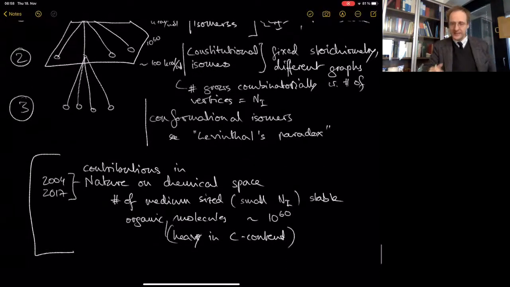Now 10 to the 60 is larger than we have atoms in our solar system. So that's a crazy number, right? But again, I'd like to stress it's not infinite. So again, there will be bounds on what we can do in compound space, even though it's so large.